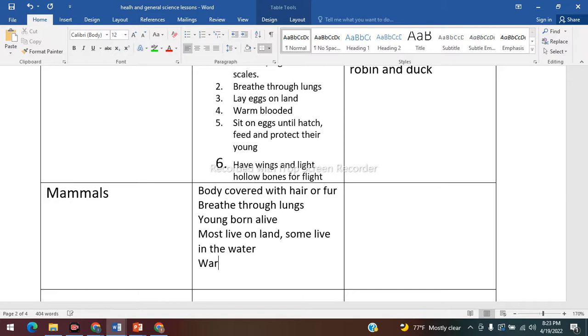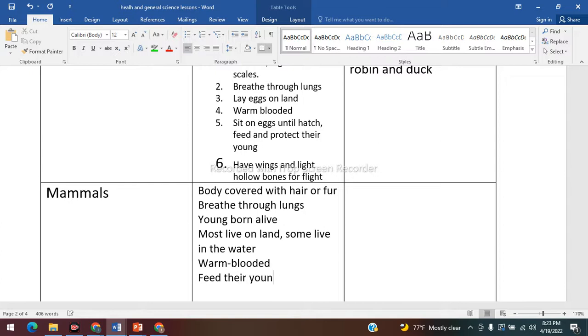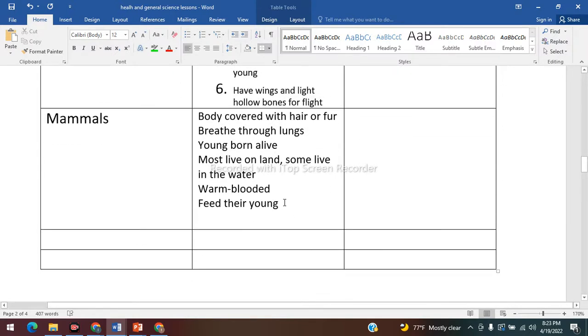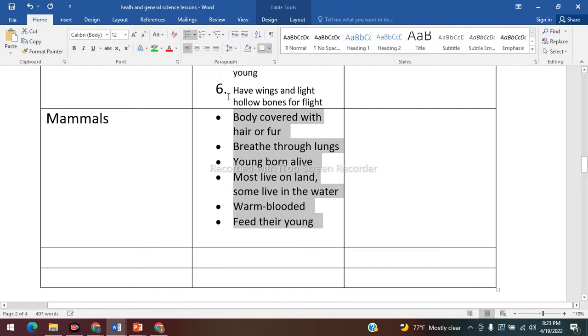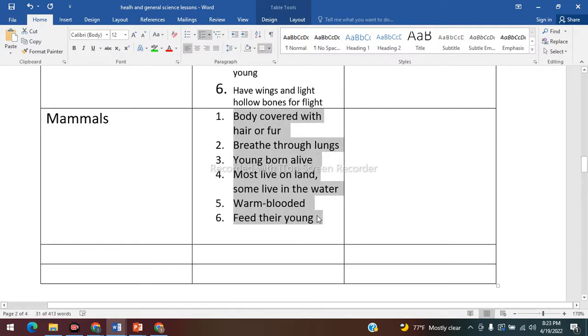We have a dolphin in the class, man. How do they feed their young? You mean you don't know how they feed their young? I know, but it caught me off guard. Feed their young through what?